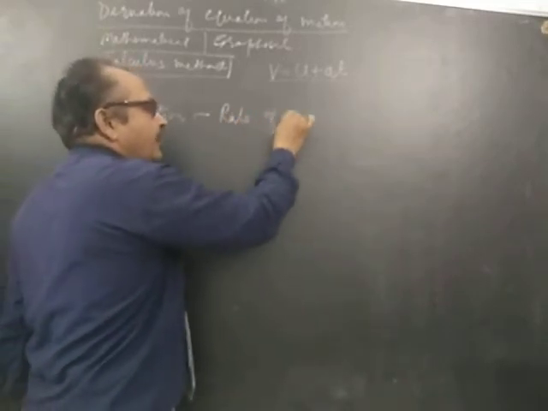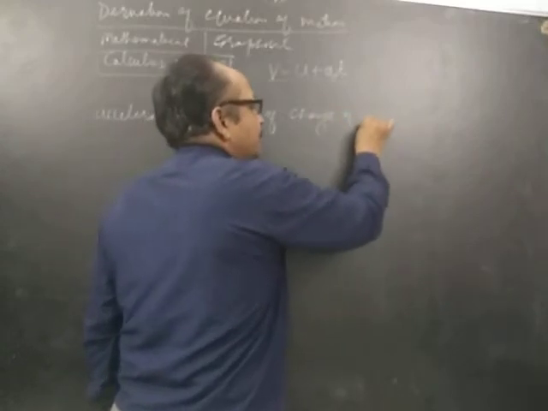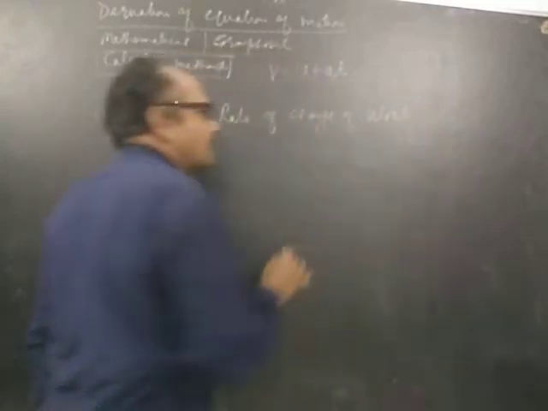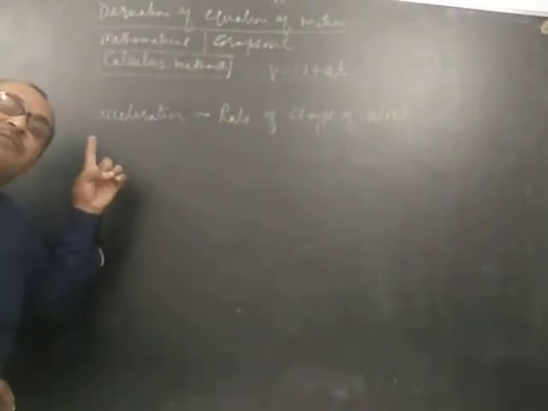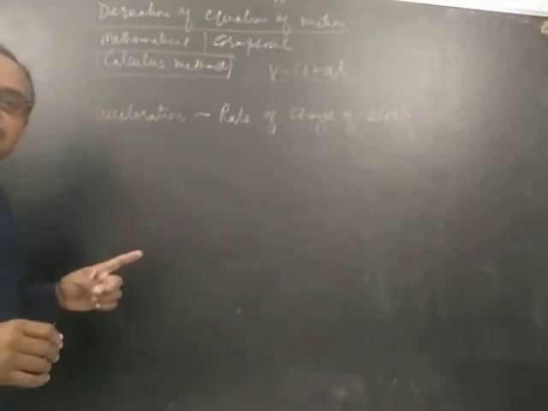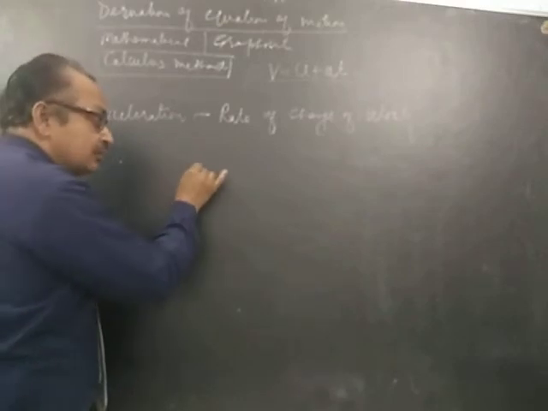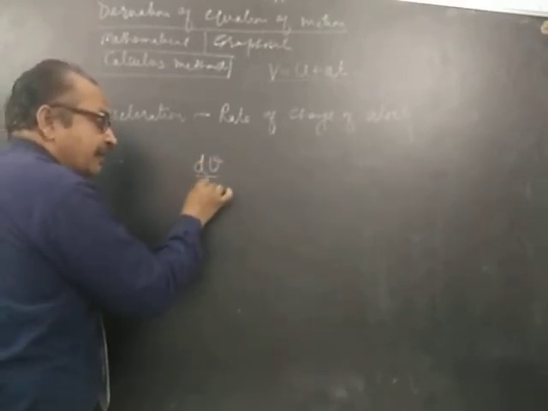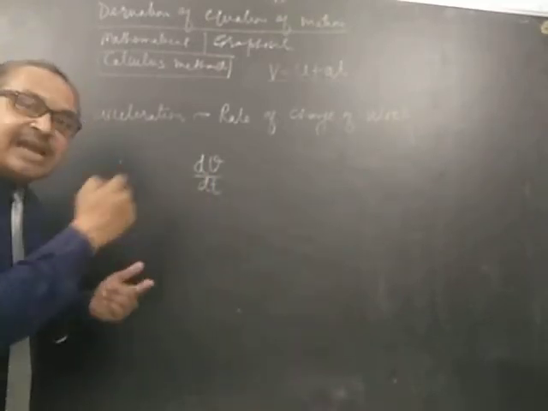Acceleration is the rate of change of velocity. Remember when we were discussing derivatives, what I told you: rate of change. Rate of change of velocity. So dv by dt, because rate of change of velocity means time will come.